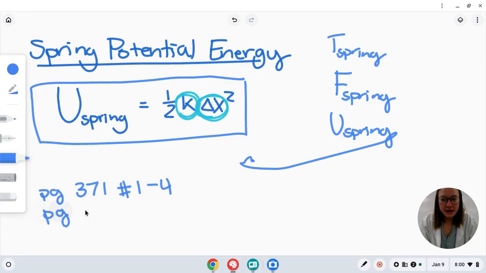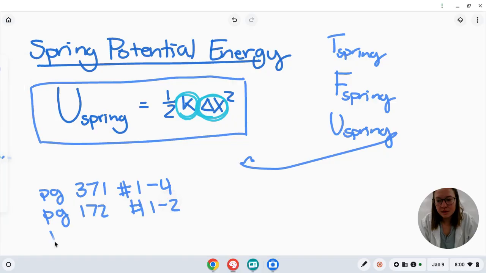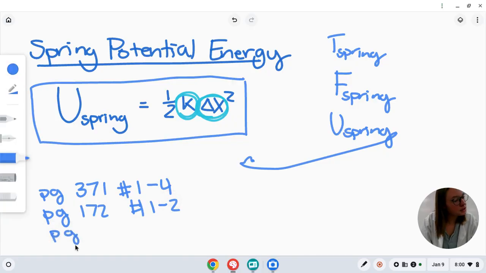Also, page 172, numbers 1 through 2. Oh, darn, I do this every time. Numbers 1 through 2. Also, page 381, numbers 1 through 2. And then finally, please read and take notes on 11.3.